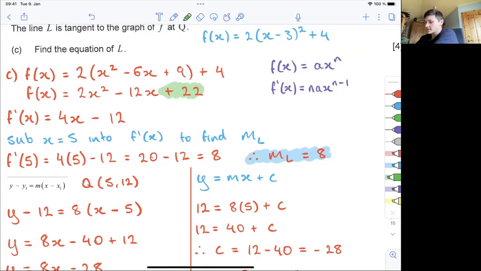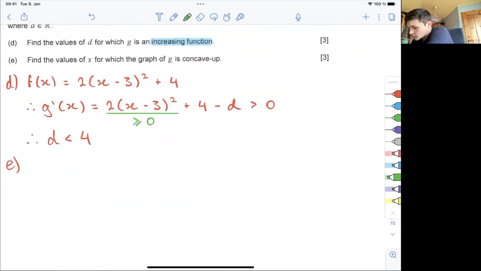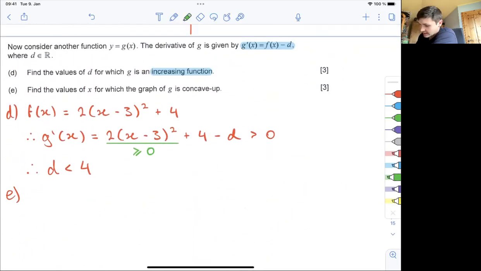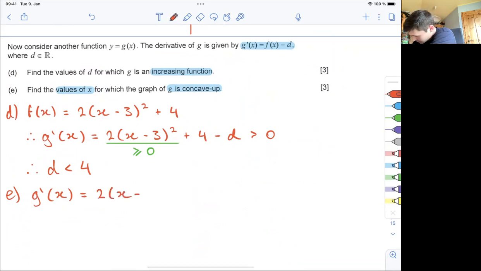So if we go back to part E, we're going to find the values of x for which g is concave up. Now, g dash x is equal to f(x) minus d, which we'll say is 2(x minus 3) squared plus 4 minus d.